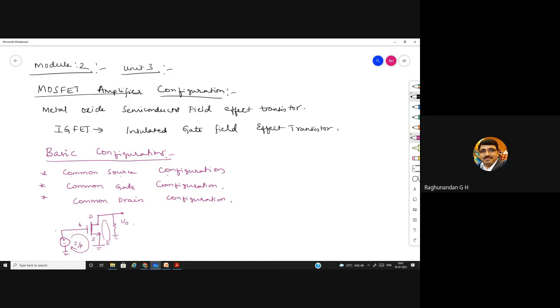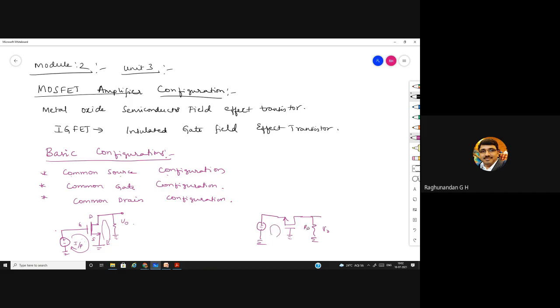Next, coming to the common gate configuration. The common gate configuration can be drawn in any way. I'm drawing it in this way. Plus minus, resistor R naught, and this is RL.